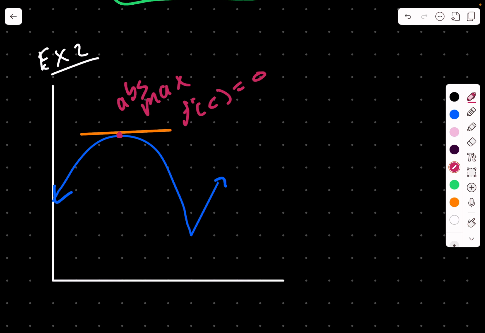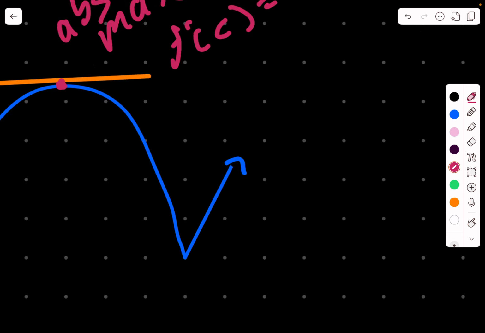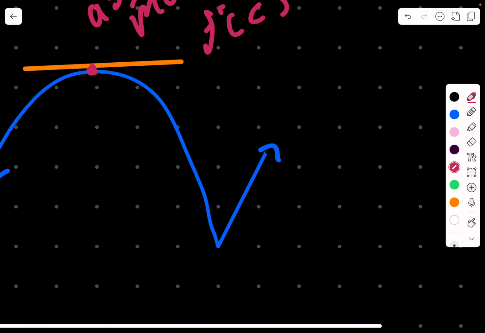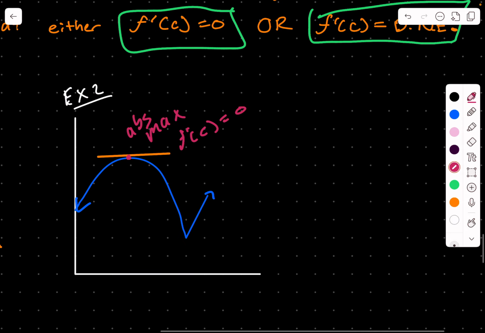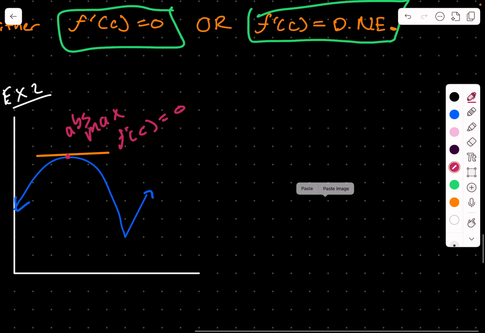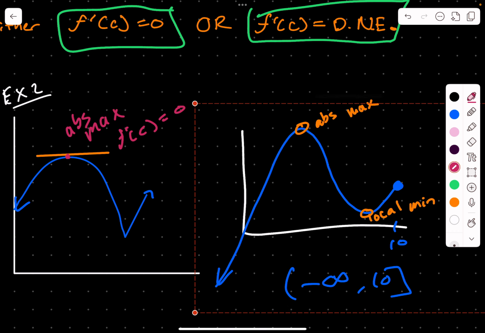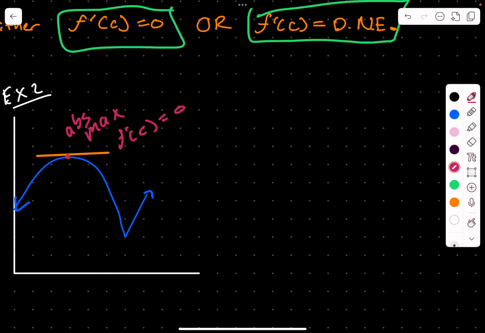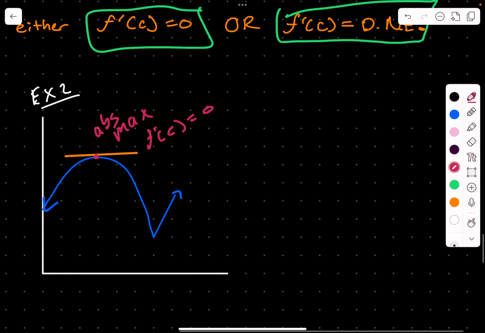Our derivative equals 0. Now, what about this guy? This looks nothing like a curve, and we can't make a horizontal tangent line. So that's when it does not exist. Something that you need to ask yourself is, can you make a horizontal tangent line?